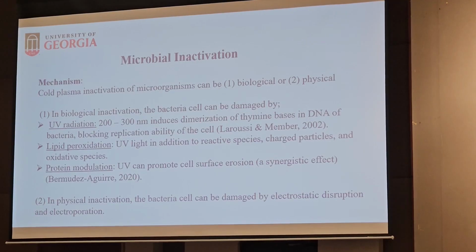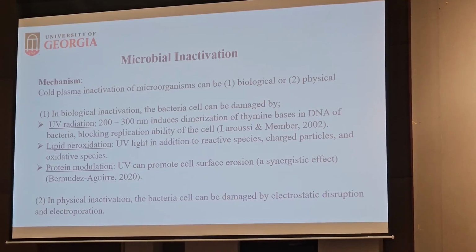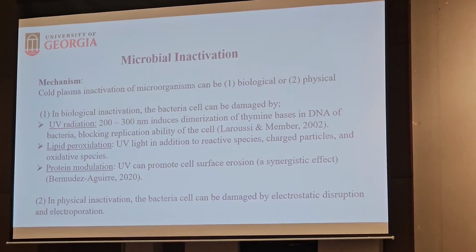Let's look at a quick mechanism. Cold plasma can inactivate microorganisms biologically, physically, or both. In biological inactivation, the cells can be damaged by UV radiation produced by cold plasma, which changes the DNA of the cells.